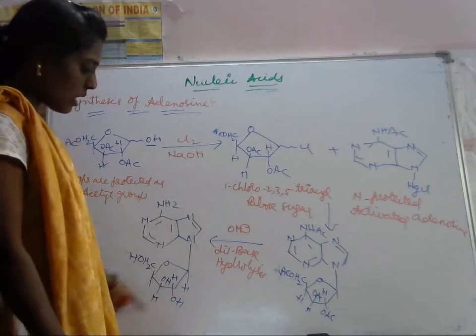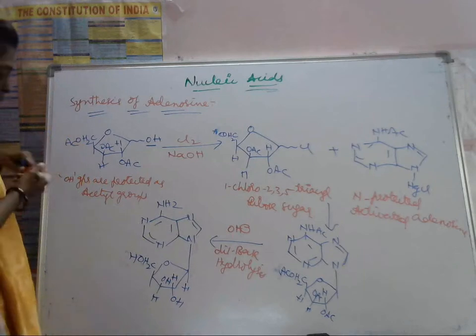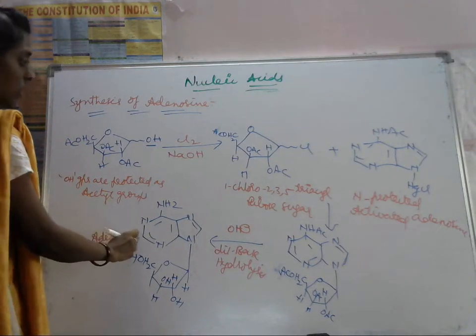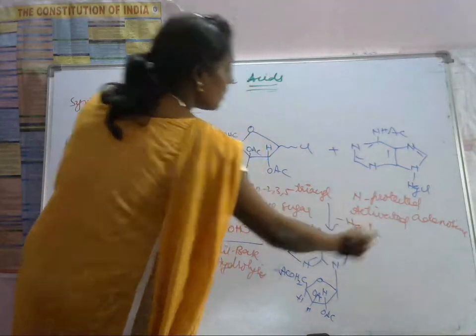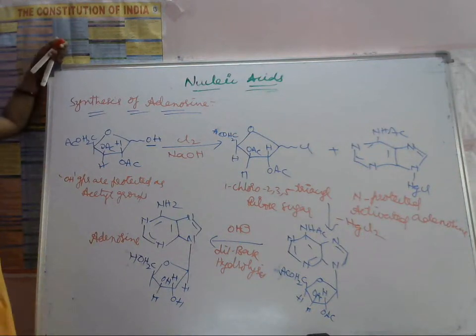So this is the adenosine. Here it will remove minus HgCl2, minus HgCl2.